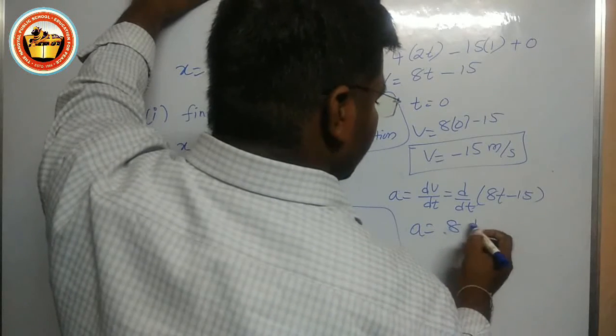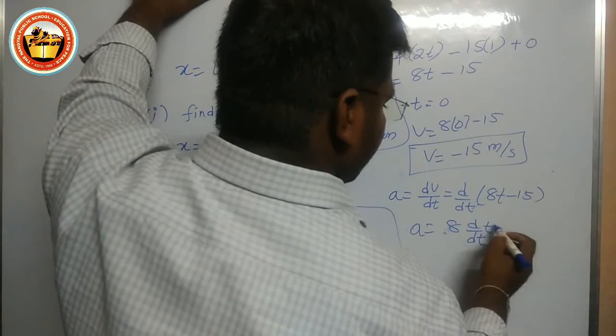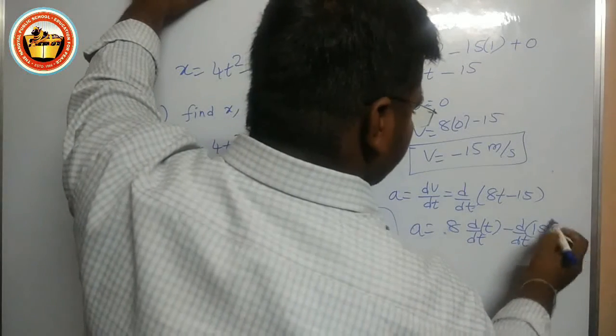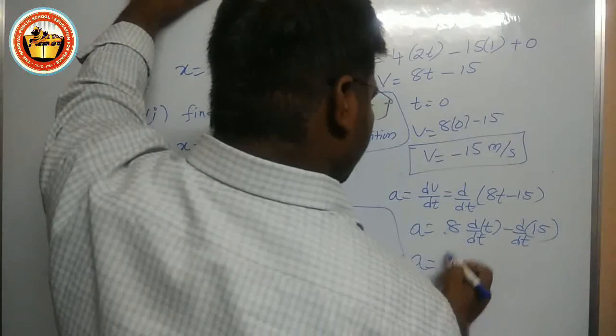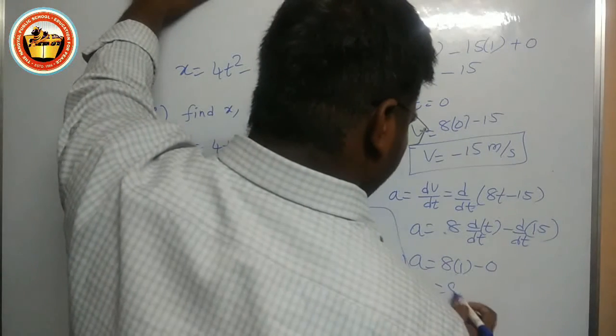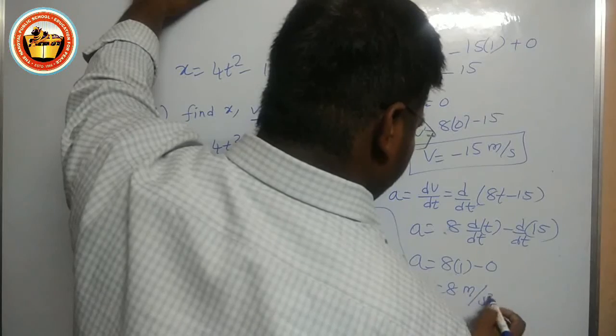A is equal to 8 into 1 minus 0, so a is equal to 8 meter per second square.